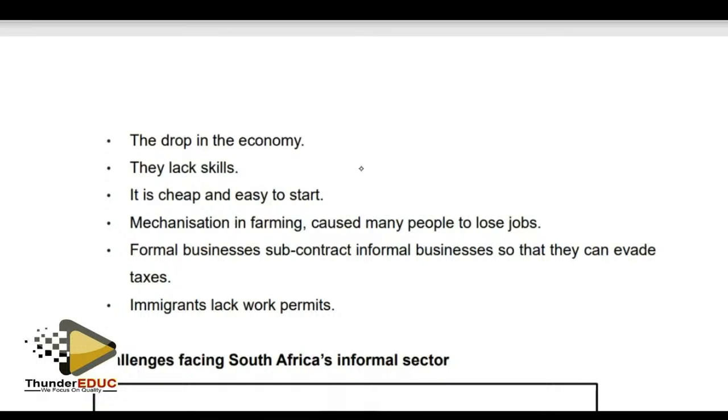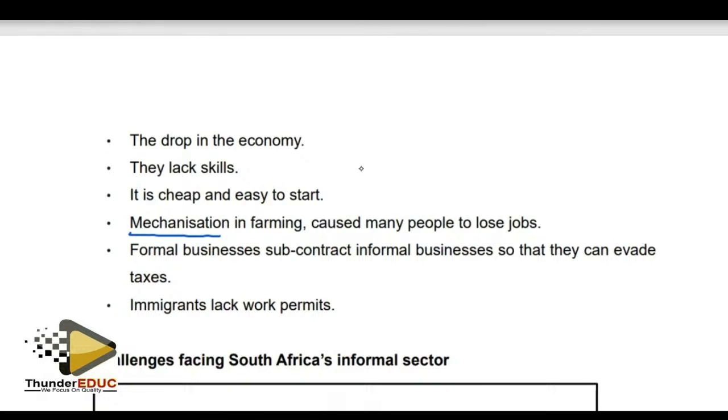Mechanization in farming causes many people to lose their jobs, because tractors or machines are replacing people, meaning the majority no longer have jobs, which means they have to find other means of surviving. That is why they resort to starting their own businesses. Another reason, formal businesses subcontract to informal ones so that they can evade taxes.